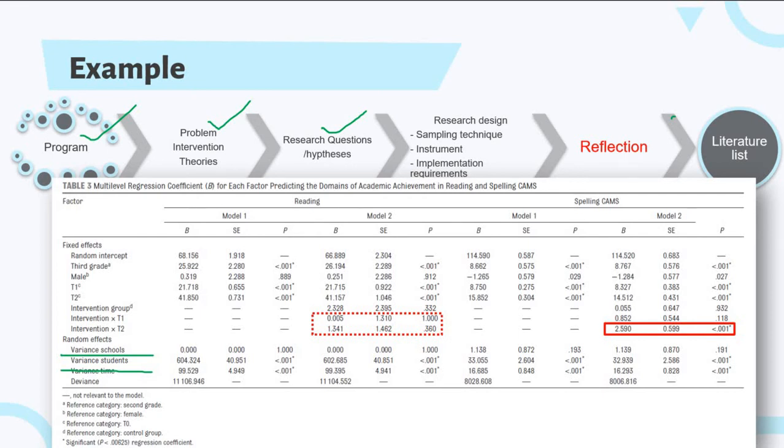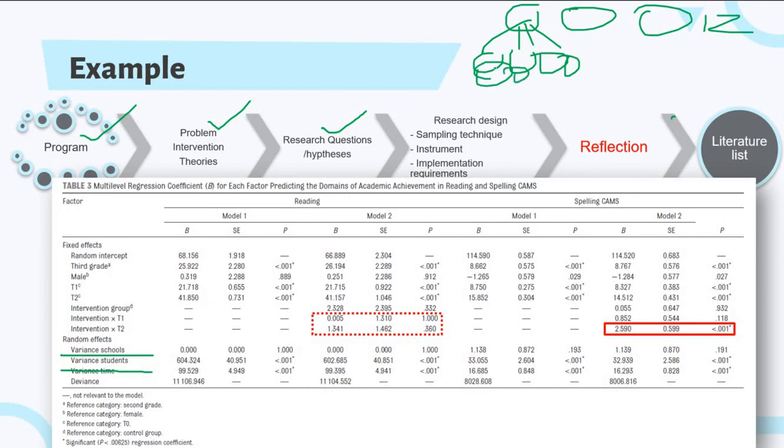The first is the school level, so 12 schools. And within each school, there are around 50 children, and they are the individual level. So here is the individual level, and here is the school level. Yeah, and this is the outcome from the multi-level analysis.